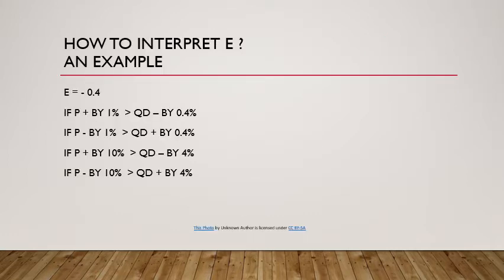Okay, so your company has spent a lot of money to determine its price elasticity of demand. In this case, their calculations showed that the price elasticity of demand is equal to negative 0.4. So what exactly does this mean? Well, it means the following. If price increases by 1%, where did I get the 1% from? I didn't calculate it.